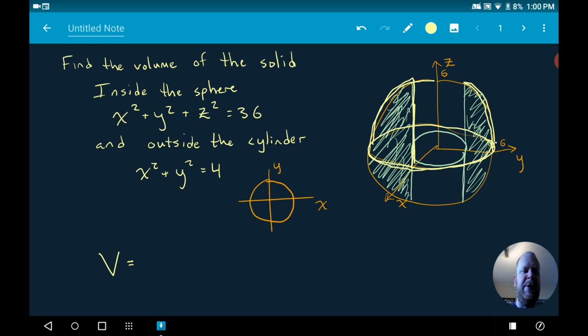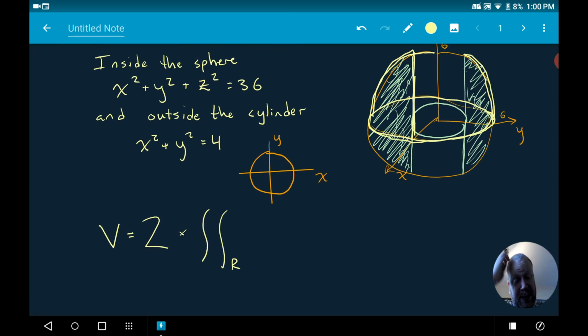So this is going to be 2 times the volume of this solid. You can say this is the region over which we're integrating, the volume under the surface.